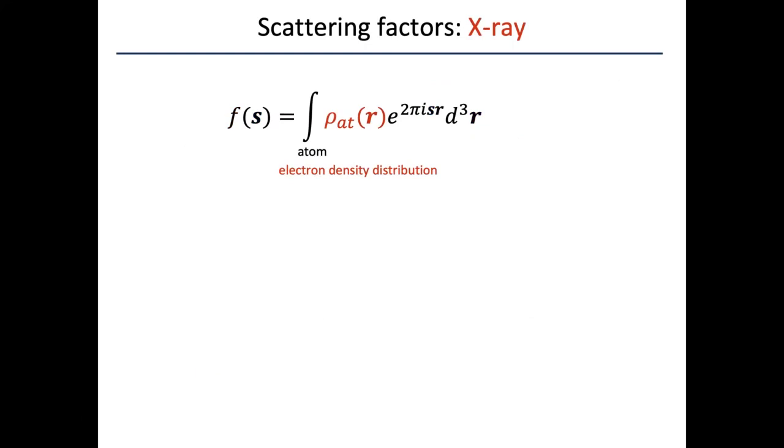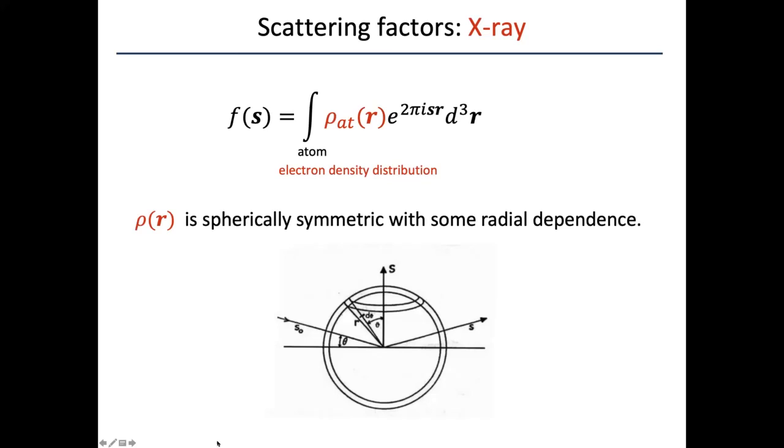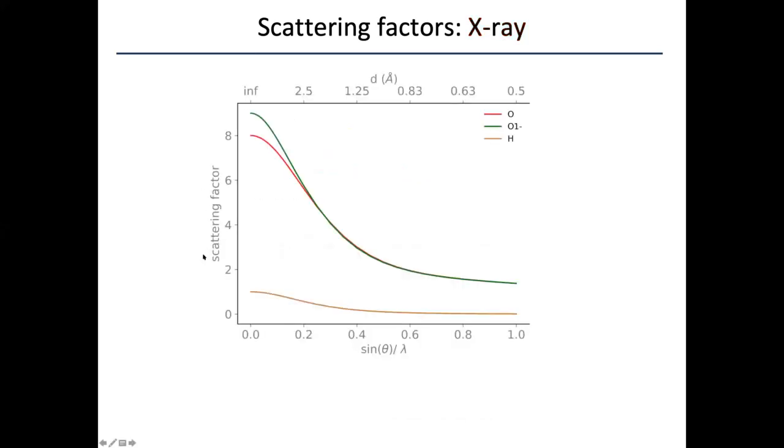So the principal contribution to scattering here is due to the interaction of X-rays with the electron density distribution. And in macromolecular crystallography, we typically assume that this electron density is spherically symmetric with some radial dependence. And that leads to scattering factors that look like in the next figure here. So here I plotted the scattering factor as a function of sine theta over lambda.